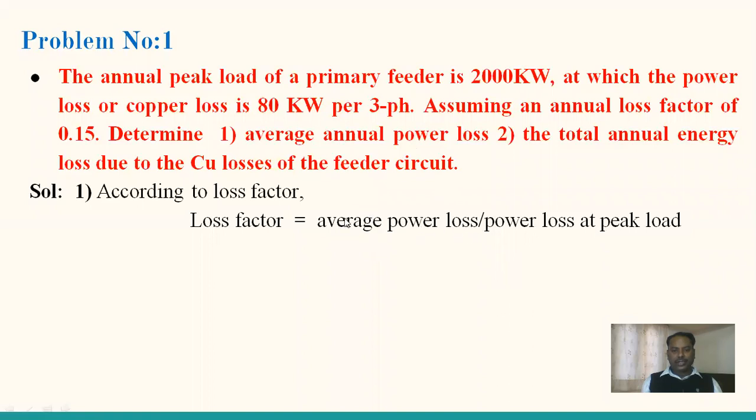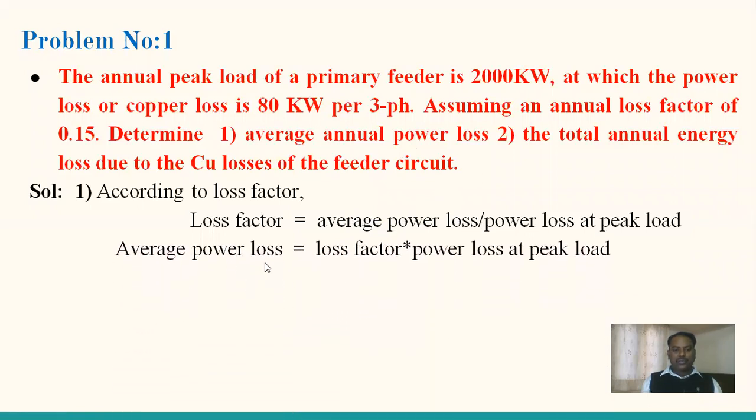Therefore, annual average power loss is equal to the loss factor into power loss at peak load. The loss factor is given as 0.15 and the peak loss is 80 kilowatt. Therefore, the annual average power loss is equal to 12 kilowatt.